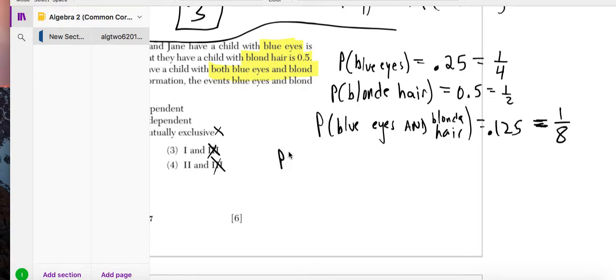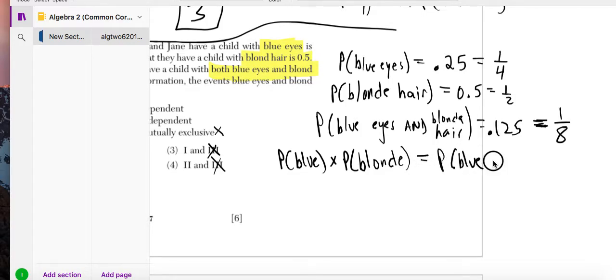So the probability of blue times the probability of blonde. Is it equal to the probability of blue and blonde? I'll do it in fraction form. If you want to use your calculator and put it as a decimal, that's fine too, but you'll see it's easier to do as a fraction.